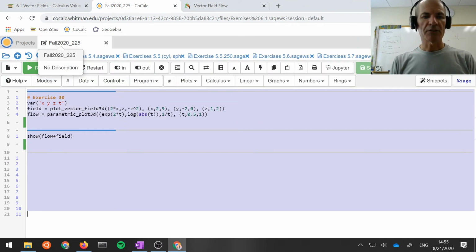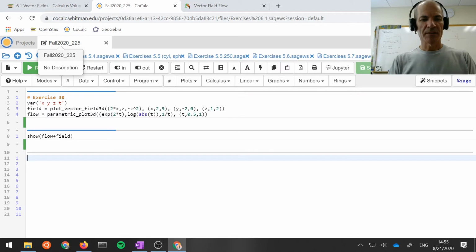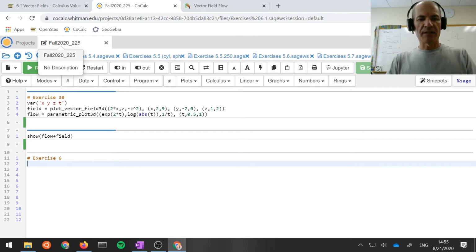Honestly, this is exercise 6. Let me see if I can just kind of wing it here. So we've got variables x and y, and that's probably good enough.